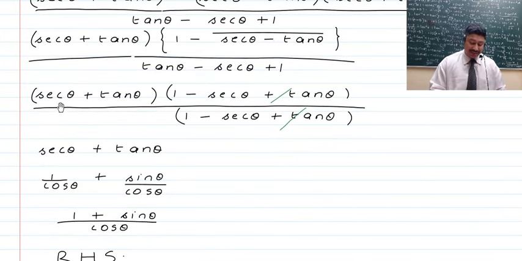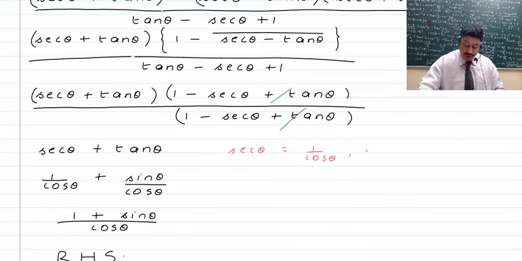Then you're just left with sec theta plus tan theta, which can now be written as 1 upon cos theta, as the inverse of sec theta is cos theta. And then tan theta can be written as sin theta upon cos theta, right? Because we have these two formulae: sec theta is the inverse of cos, so sec theta equals 1 upon cos theta, and tan theta equals sin theta divided by cos theta.